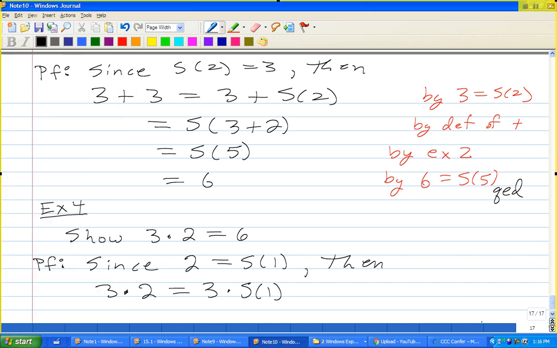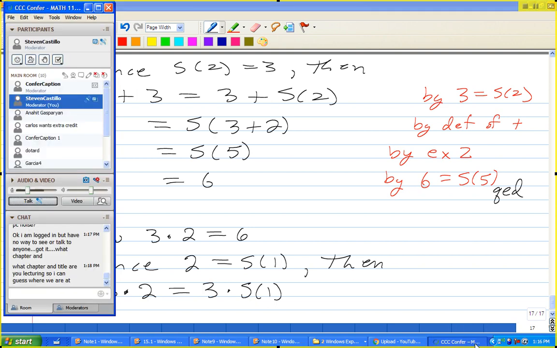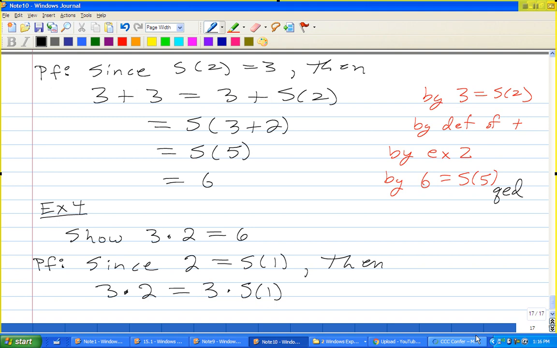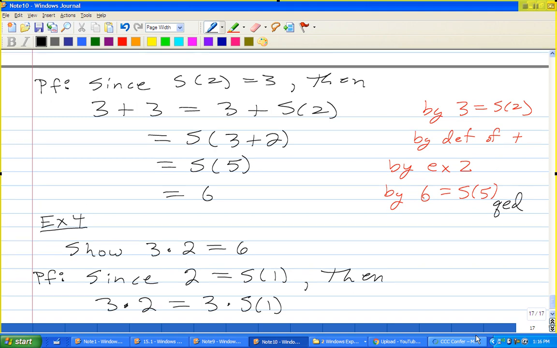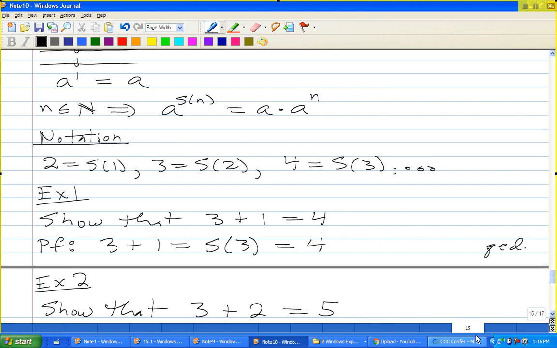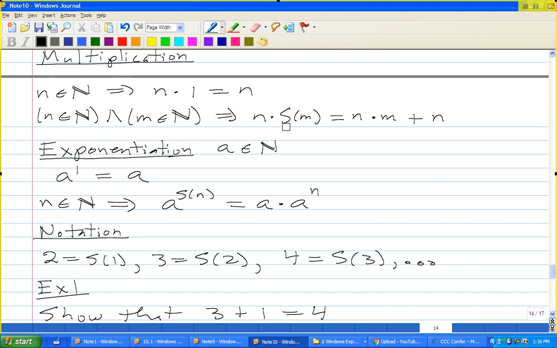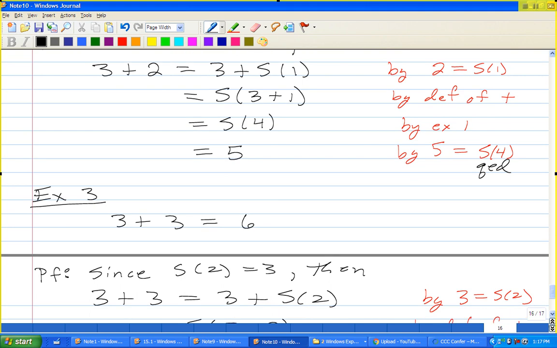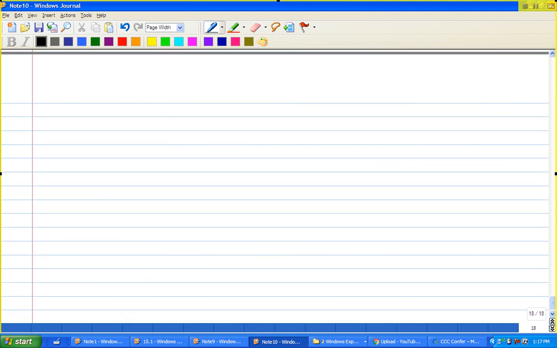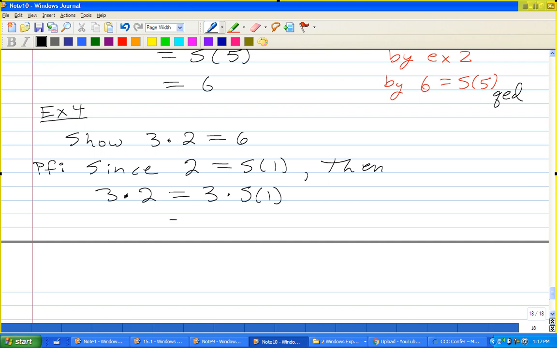This is chapter 15, section 15.1, and we're almost done. Okay, and so by definition of multiplication, this is just 3 times 1 plus 3.